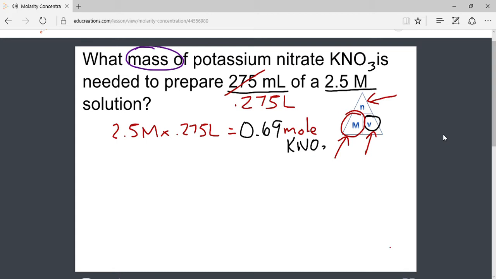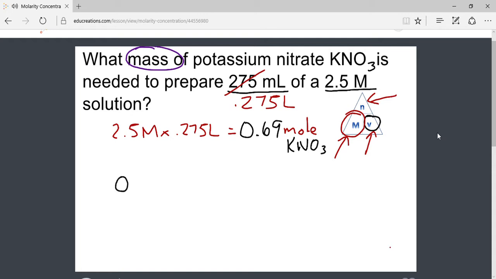Now we know the mole amount. We simply convert the mole amount into a mass amount by using the molar mass. We factor in that the molar mass of potassium nitrate is made up of 1 potassium, 1 nitrogen, and 3 oxygen atoms. This gives us a molar mass of 101.11 grams of potassium nitrate for every 1 mole. To convert mole amount back to mass, we simply multiply by this molar mass.